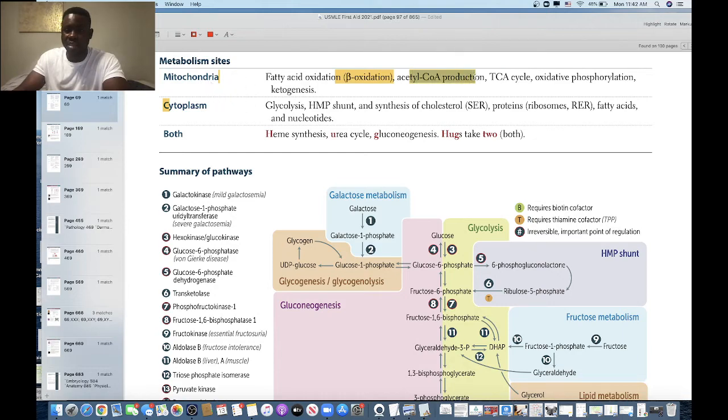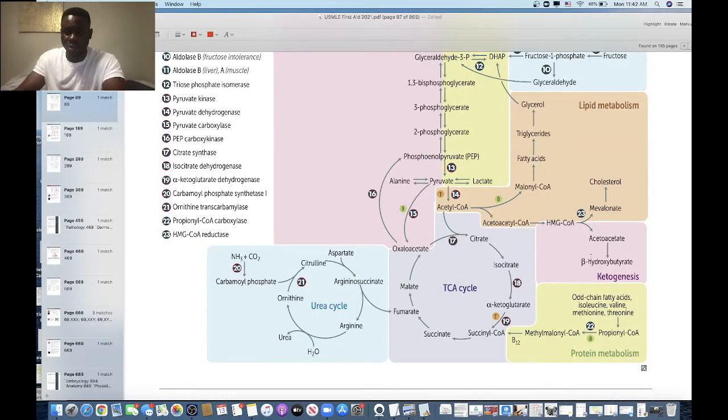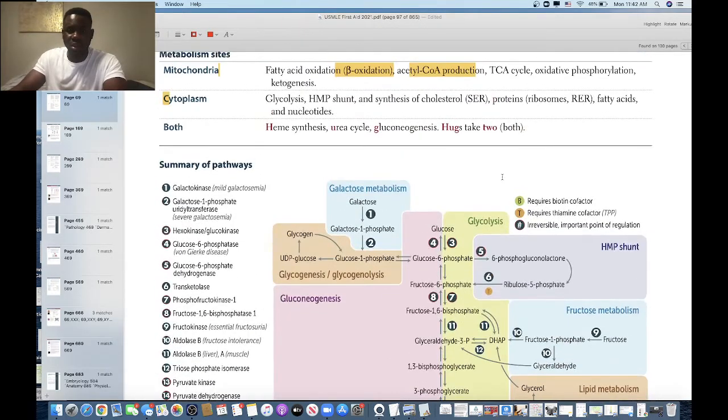Acetyl CoA production, from pyruvate to acetyl CoA, occurs in the mitochondria. That's what they are saying. Then the next one is the TCA cycle, of course, occurs in the mitochondria, and oxidative phosphorylation occurs in the mitochondria. Ketogenesis, making of ketone bodies, also occurs in the mitochondria.